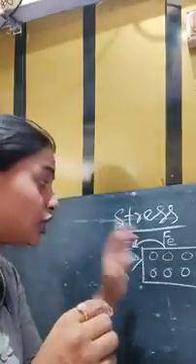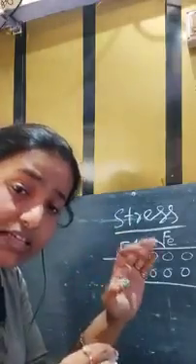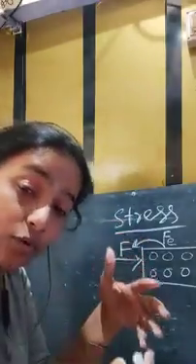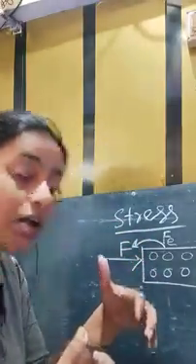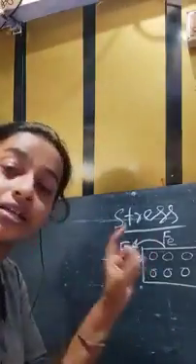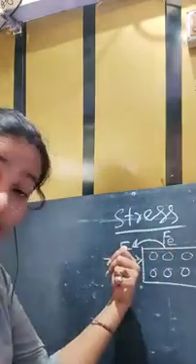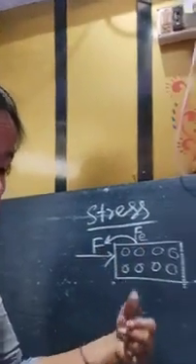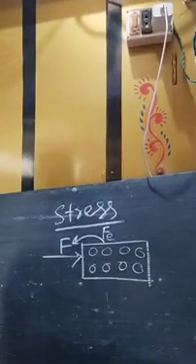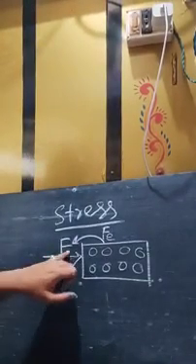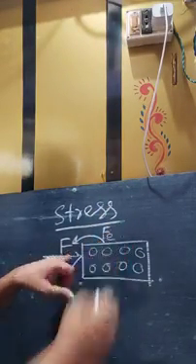So the reaction force per unit area is known as stress. Okay, so this is Fe, not this F. But we also know that this F is equal to this Fe, right?